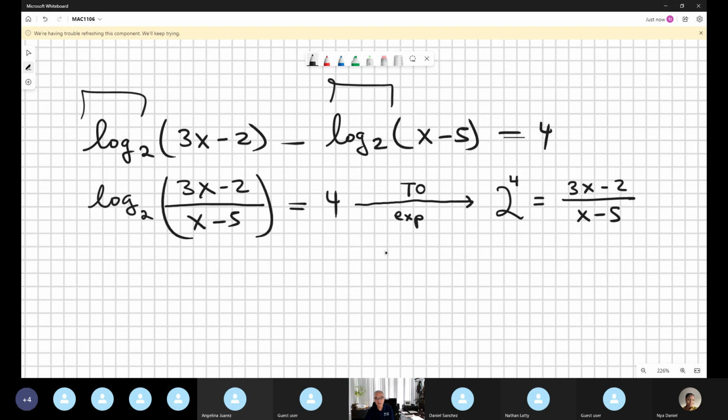Okay, and 2 to the 4 power is 2 times 2 times 2 times 2, which gets 16. And my equation so far is 16 equal 3x minus 2 over x minus 5. It's an easy equation. You consider it like a proportion and you apply cross multiply.